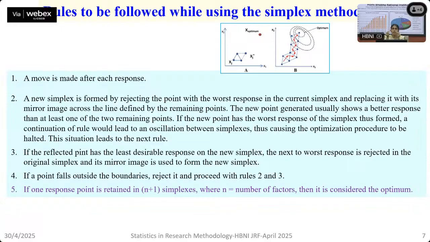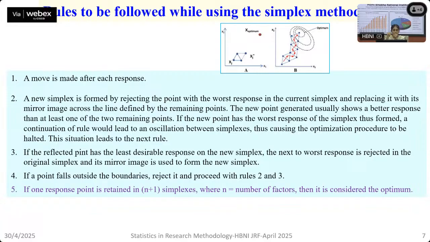So if the new point is having a worse response than the previous simplex, what you will see is that ultimately you will be moving around a loop in the same simplex. So that means it will be halting at that point. Simplex will not improve further much.